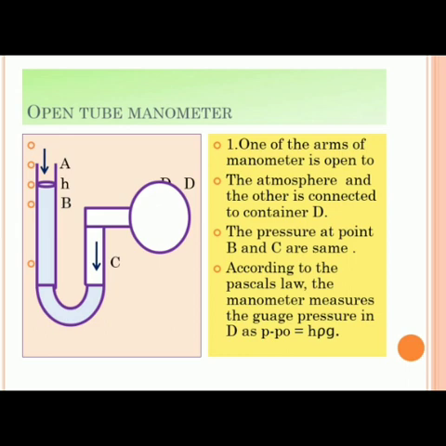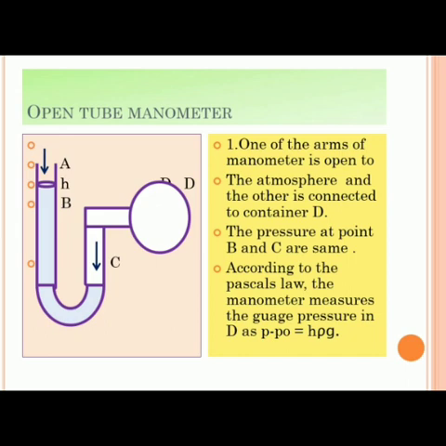According to Pascal's law, the manometer measures the gauge pressure in the container D, and this is given by the formula P minus P0 equals h rho g, where h stands for the height seen in the U-shaped tube, rho is the density of the mercury which rises and falls, and g is the gravity acting on the liquid.